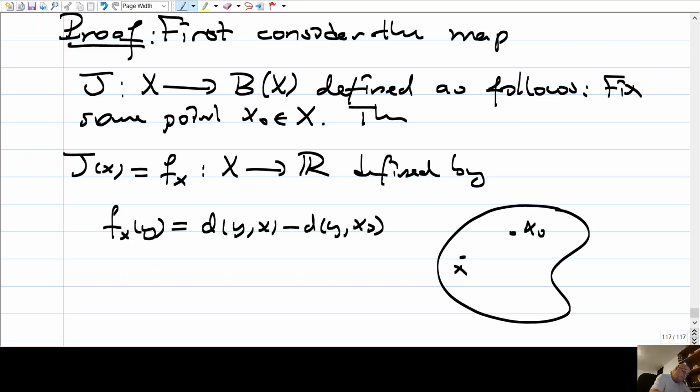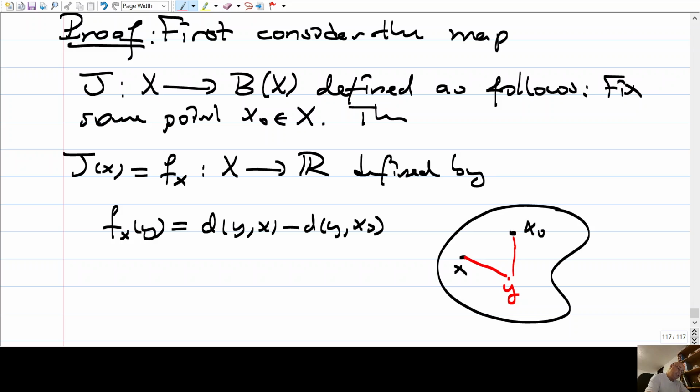Since this will be a function, it should take a real number value at all points of the metric space. So whenever I am given a point, I measure this distance, and I measure this distance, and I look at the difference. Okay, so this is a real number, and it is the value of fx, this function, at the point y.